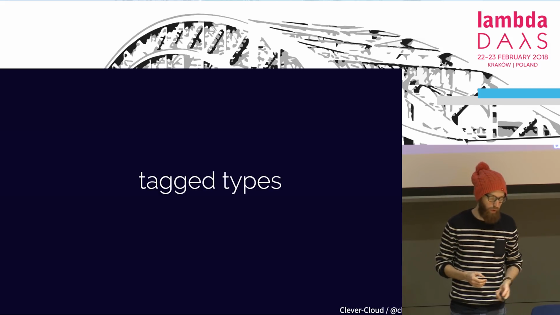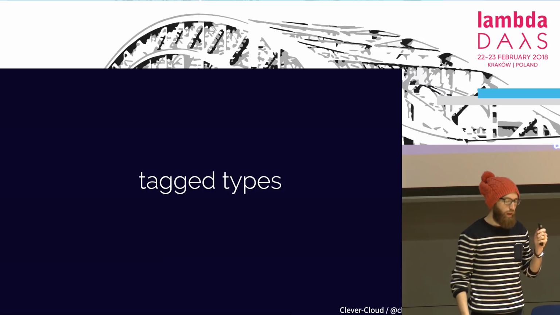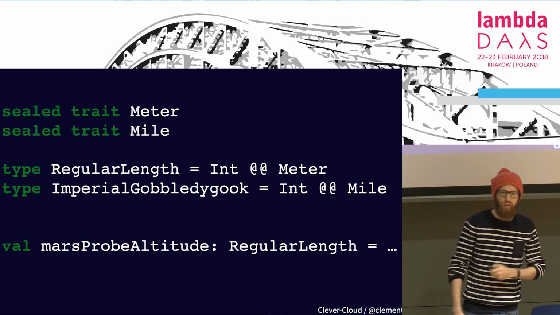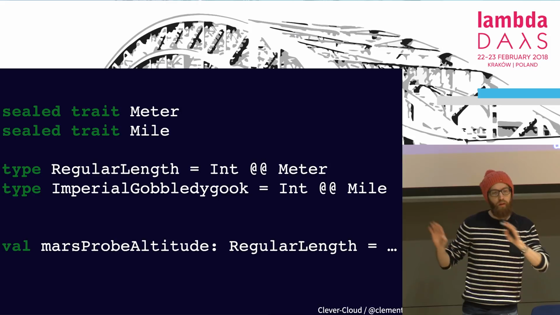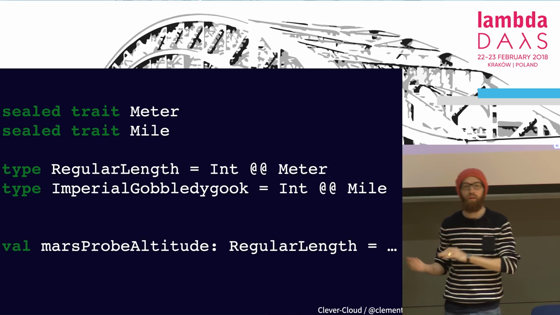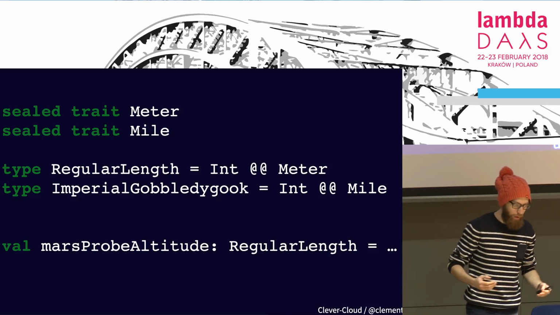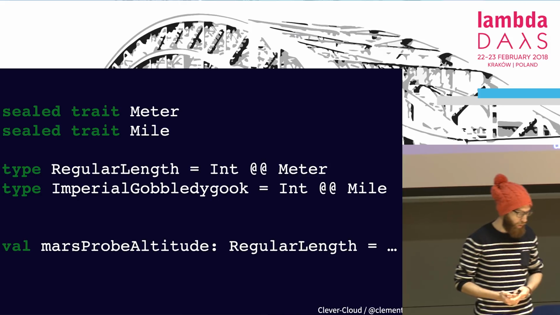So it's really useful. And a small thing I like is called tag types. Small example, there was a Mars probe that crashed because there were two teams, one working with miles and the other working with proper units. And it crashed because there was a discrepancy.